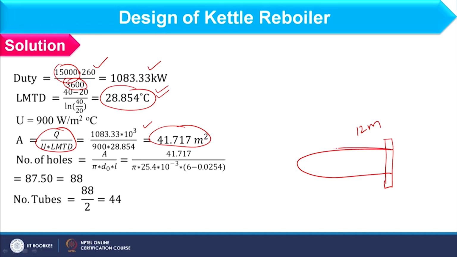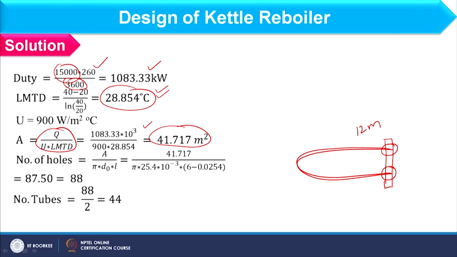So, that is the complete length, right, which enters twice into the tube sheet. Okay. So, if I have to find out the effective length, we have to deduct the thickness of the tube sheet into 2 from the total length. Okay.